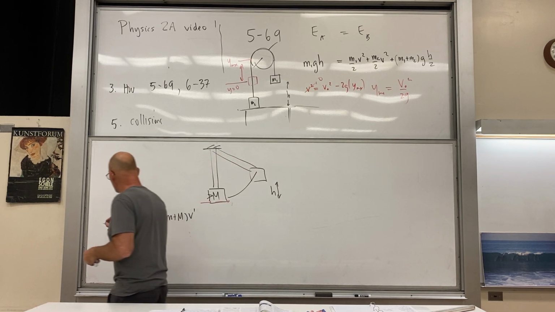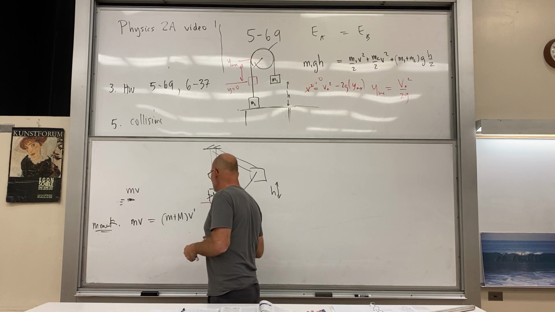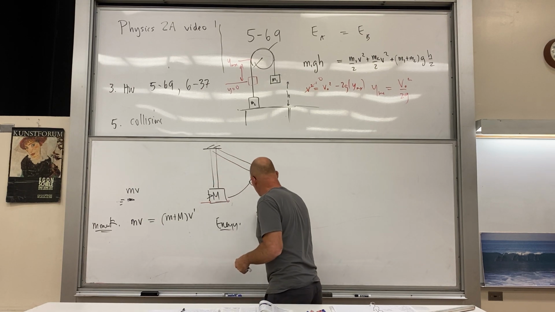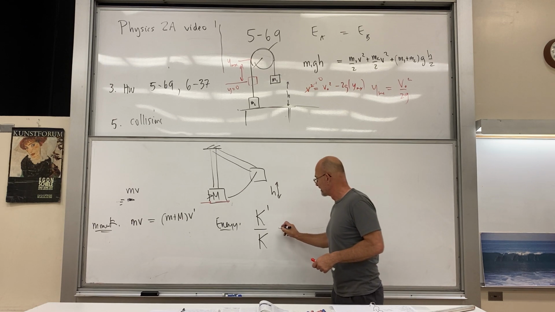Nowhere near being conserved. Okay. So momentum, I'll write here: momentum is conserved. Energy is not. For energy, we could say the kinetic energy after divided by the kinetic energy initial.